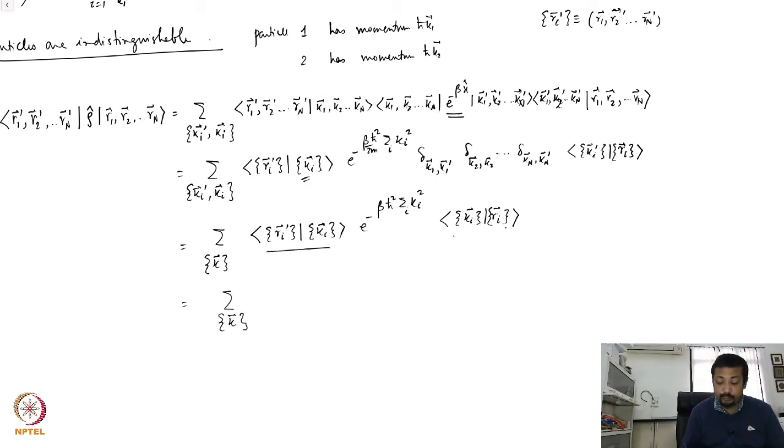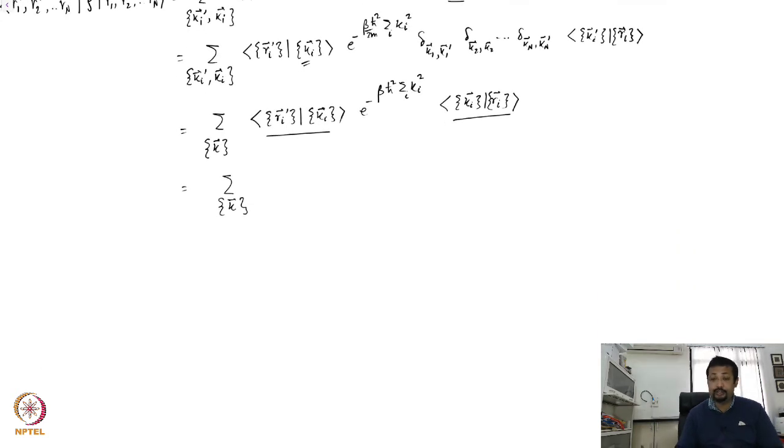This is the wave function, the many particle wave function in the coordinate representation, so that I'm going to have the product over i φ_ki(ri') e to the power minus β ħ² over 2m sum over i ki², and this is going to be φ*_ki(ri).